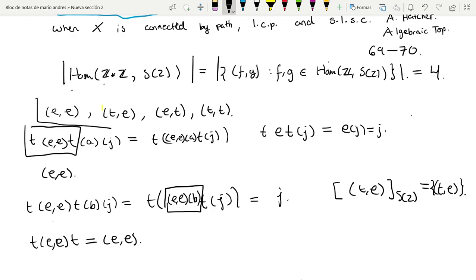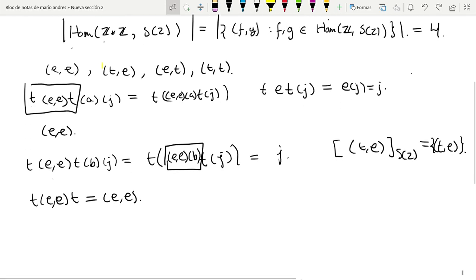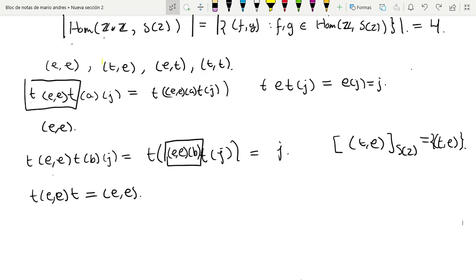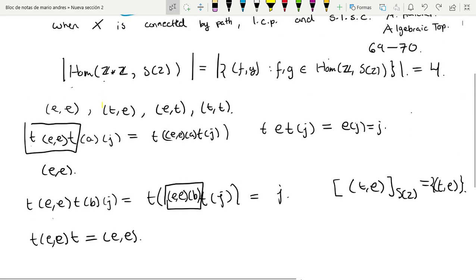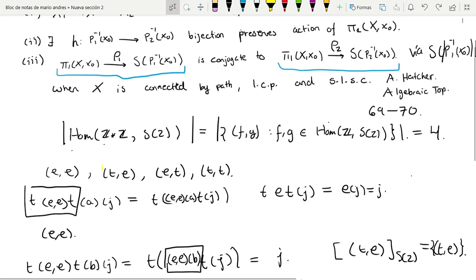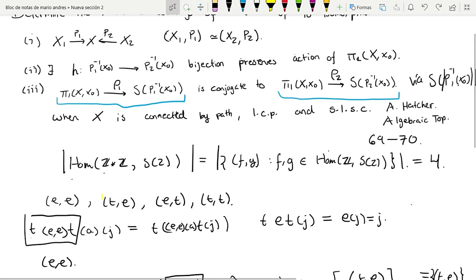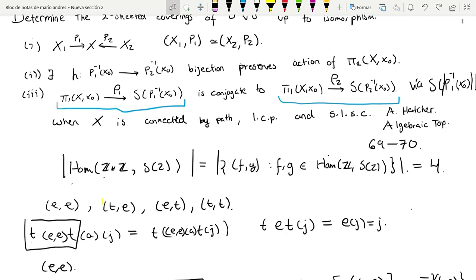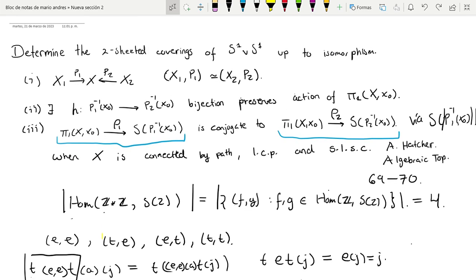This holds for the four of these elements. So we have four conjugacy classes via elements of S2, right? So what are we getting? That there exist four two-sheeted coverings of this space up to isomorphism, right?